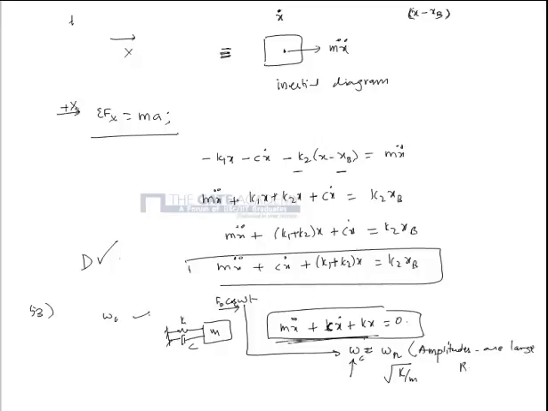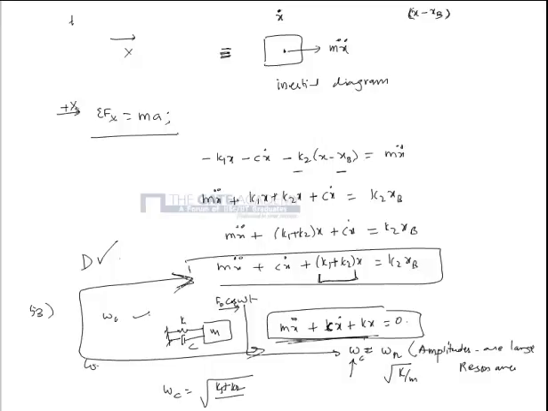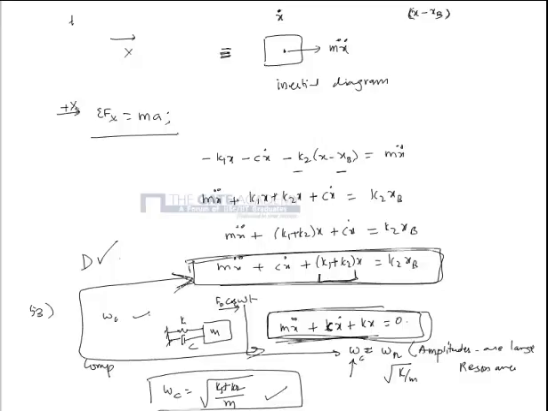resonance. Now let's compare this equation with the equation we derived, and omega c is basically the square root of k by m, and what lies in the k term is k1 plus k2. So the square root of k1 plus k2 by m is your critical frequency at which resonance occurs.